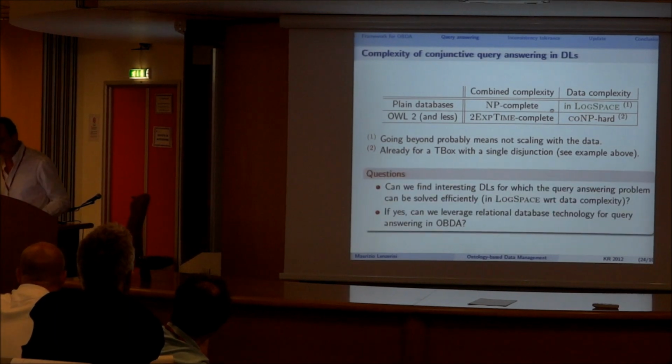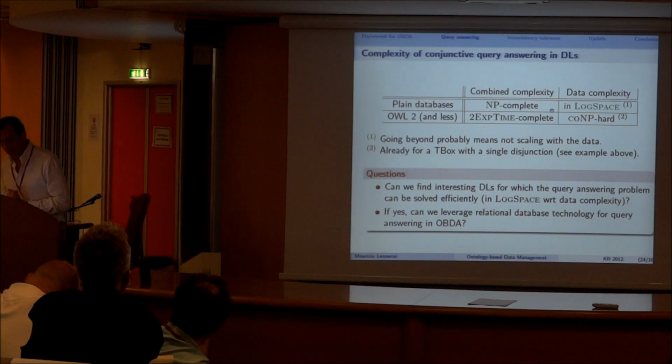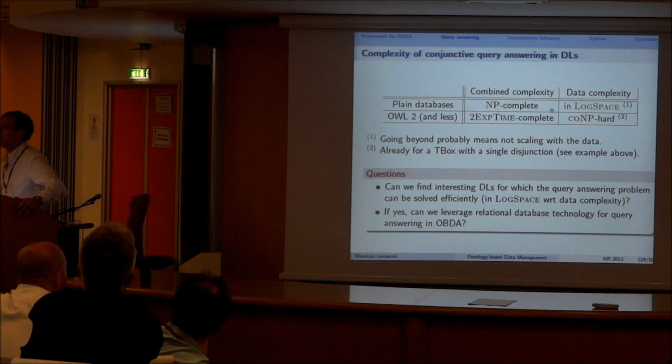After this observation, you might remember we have a requirement in this ontology-based data management setting: we have a lot of data. So we cannot just accept a co-NP hardness problem for answering queries.